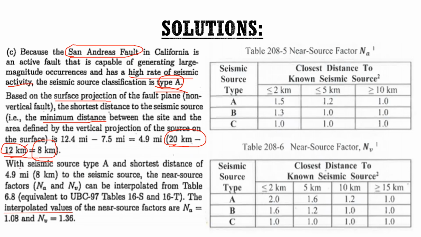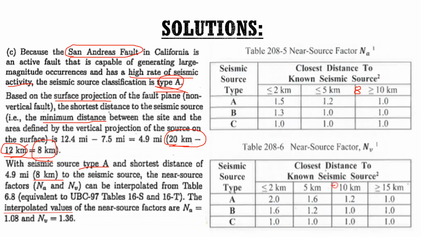So with seismic source type A and the shortest distance of 8 km to the seismic source, the near source factors NA and NV can be interpolated. We will interpolate, guys, because there is no 8 in the table. It is in between 5 and 10.